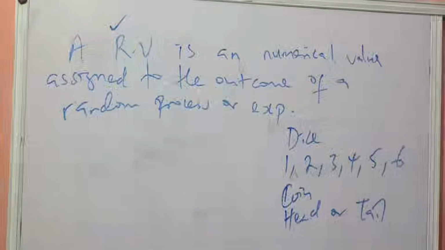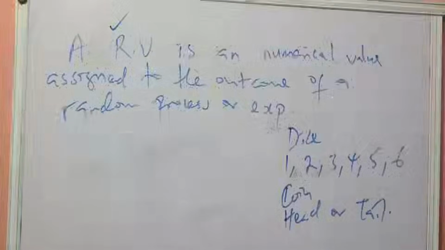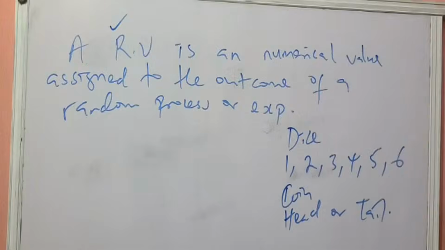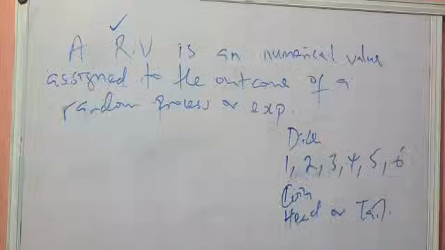Variable, the word variable, we believe we have done this before. It has to do with varying numbers. Variable comes from varying numbers. So for instance, when we talk about constants in mathematics, we say constant K, we say constant C. Those constants don't vary.